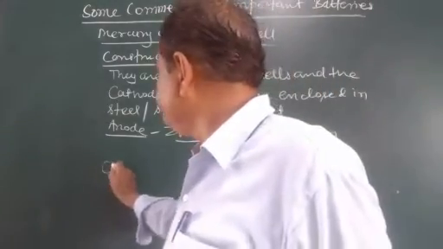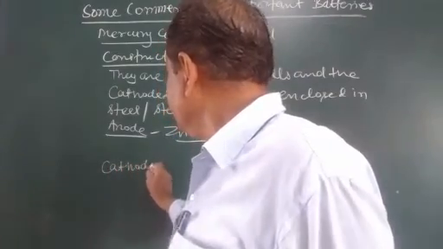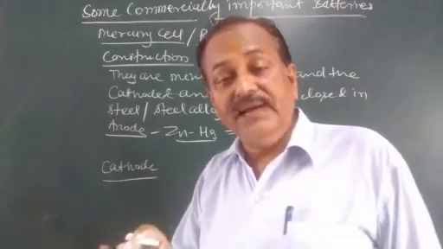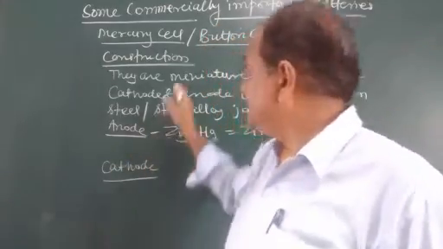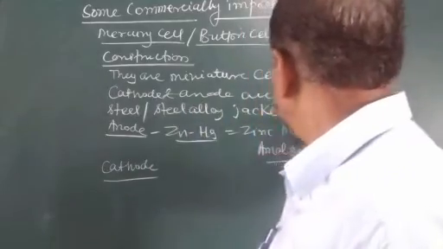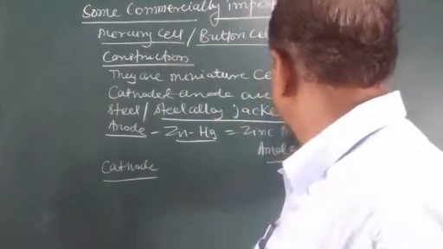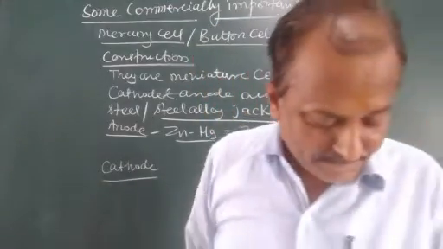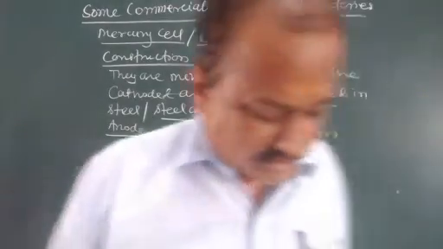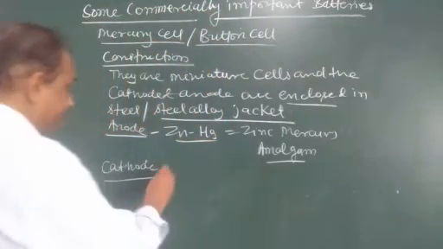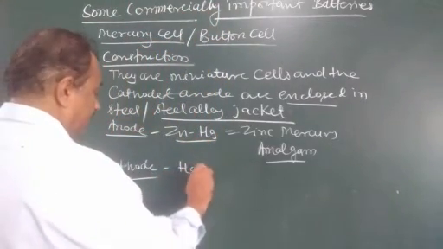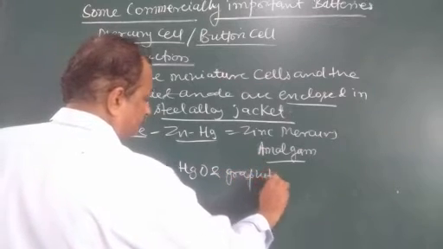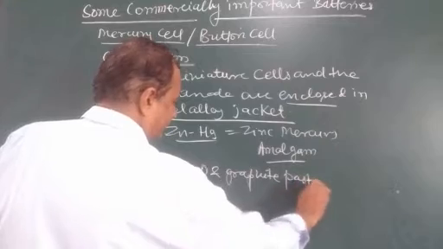Now coming to the cathode. As we have seen, they are miniature and very difficult to handle, so it is enclosed in a steel alloy jacket, a jacket of conducting material. The cathode is mercury oxide, HgO, and graphite paste.